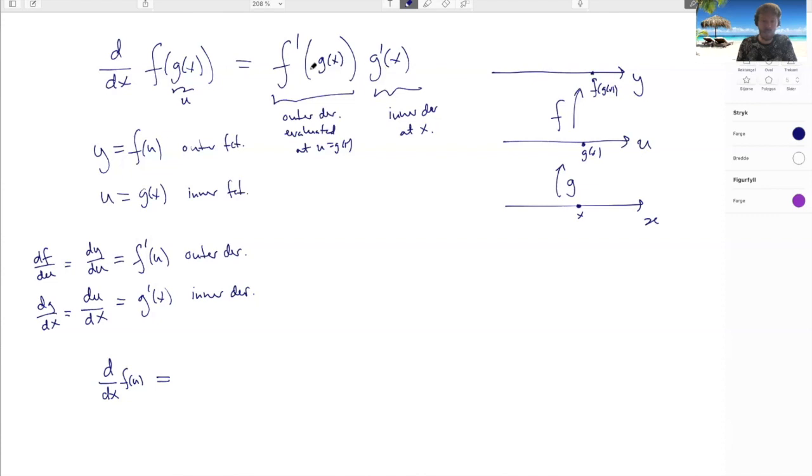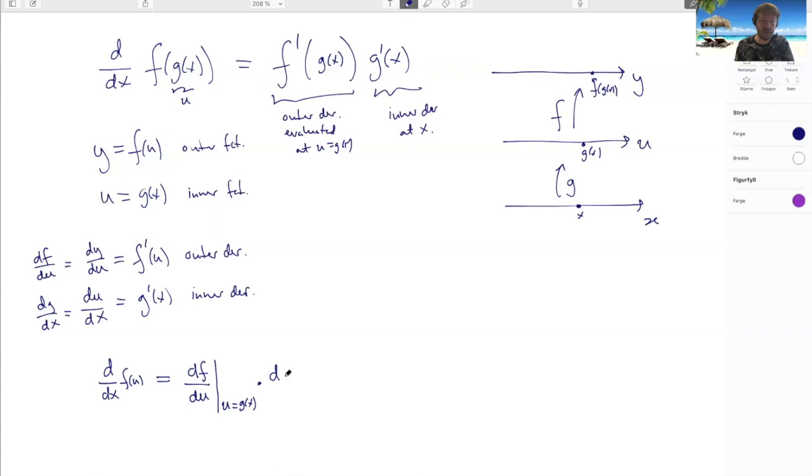And then how to express this part? Well, here I would first have the derivative of f with respect to u. So this is the outer derivative. And then evaluate it at g of x, which I can write like this, or sometimes people prefer to do this thing here.